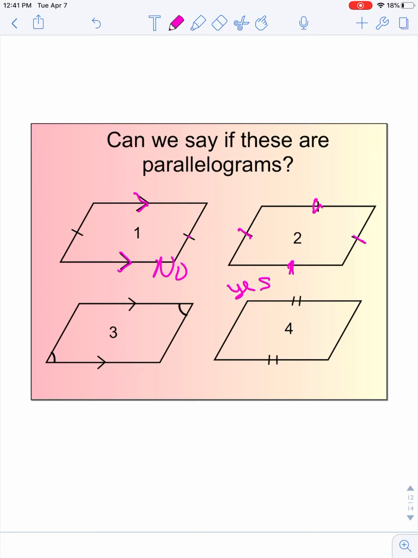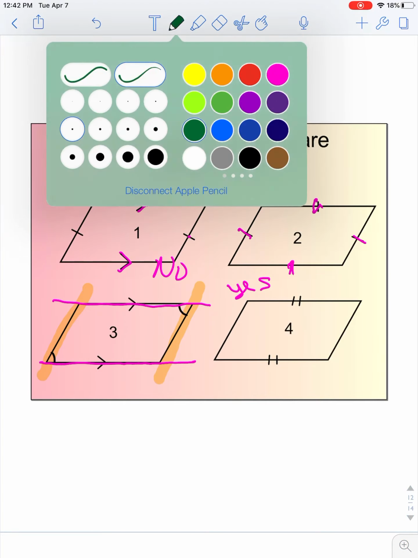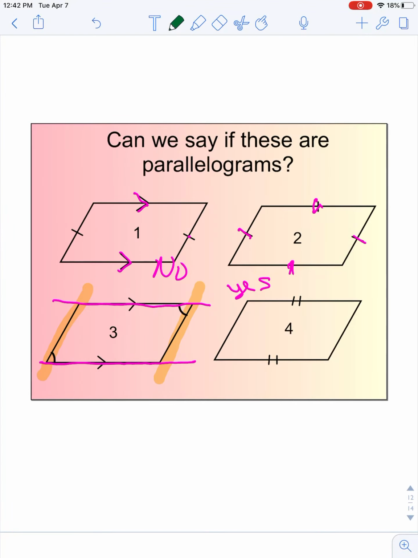This one gets kind of tricky because we have parallel lines and opposite angles, but there's no converse theorem that says that that's enough to prove a parallelogram. But remember, when we have parallel lines cut by these transversals, here's a transversal, here's a transversal, now this is kind of tricky, but if you look at this a little closer, we know from our parallel lines theorems that this angle right here has to be supplementary to this angle right here.